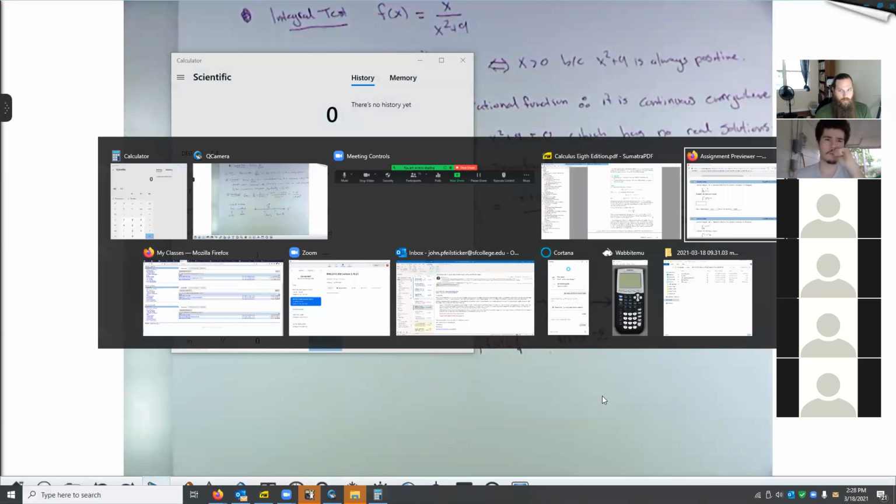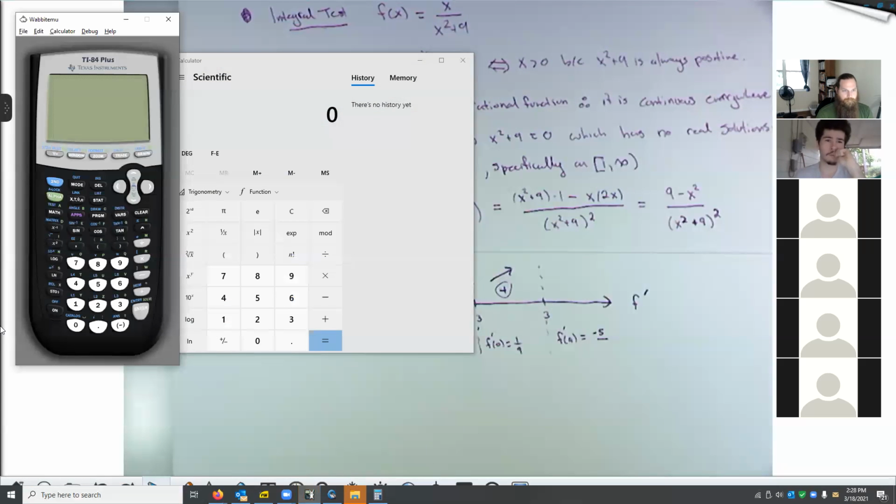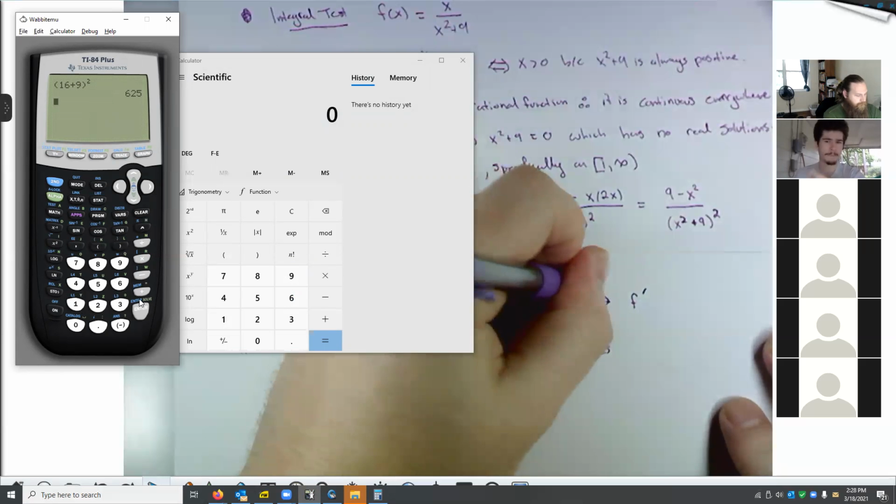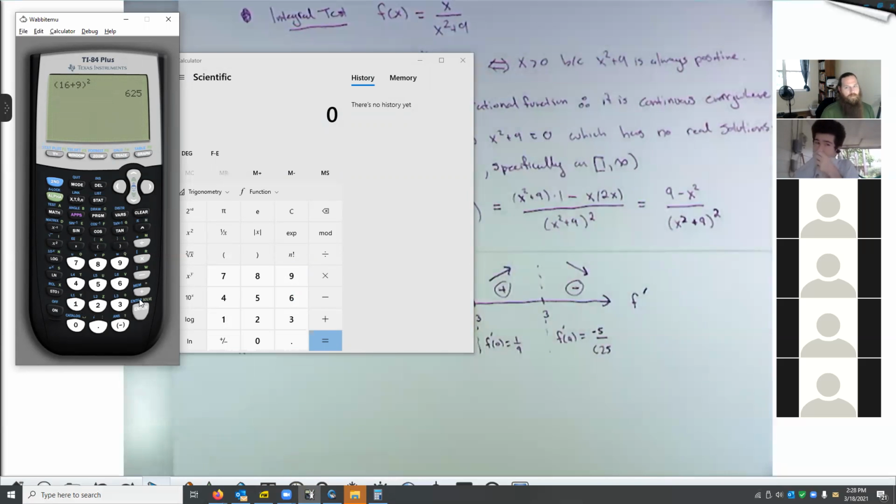Oh, wait, actually, I've got a calculator. 625. But in particular, it's negative. And this is all I need. I don't actually care about what's happening over there.